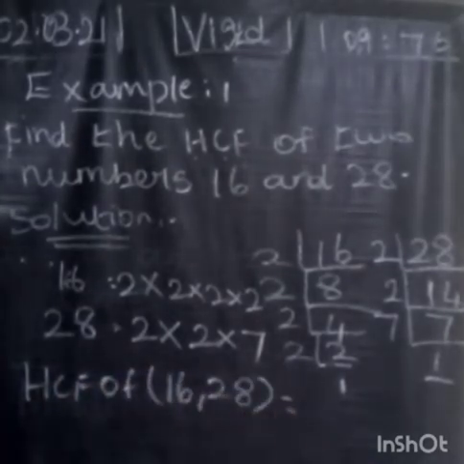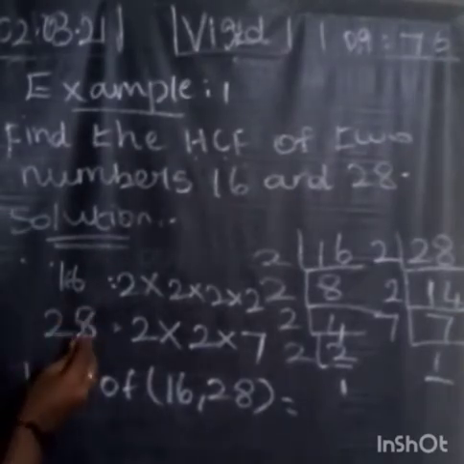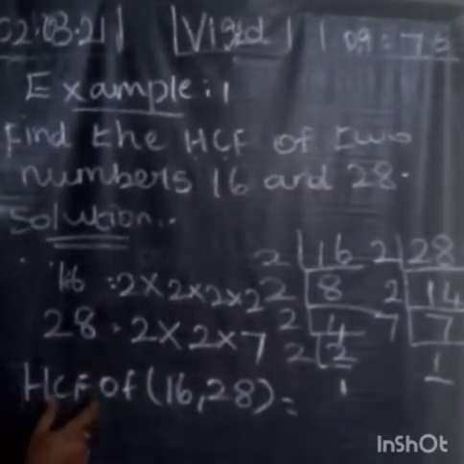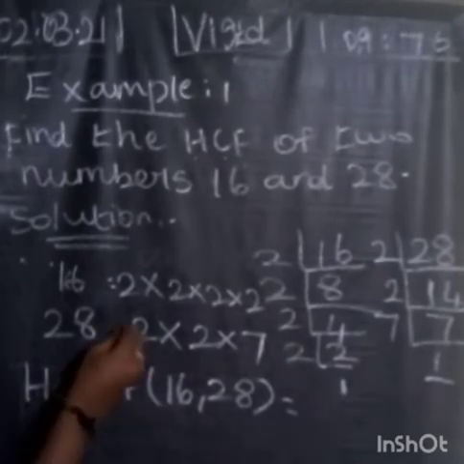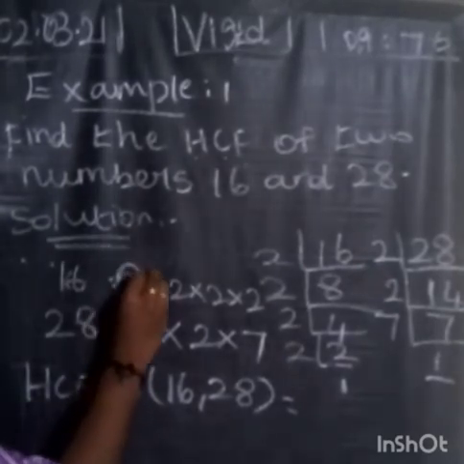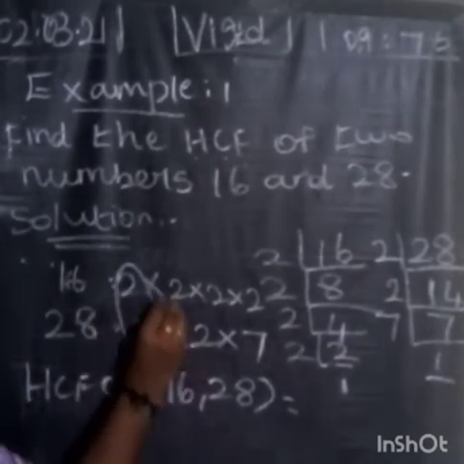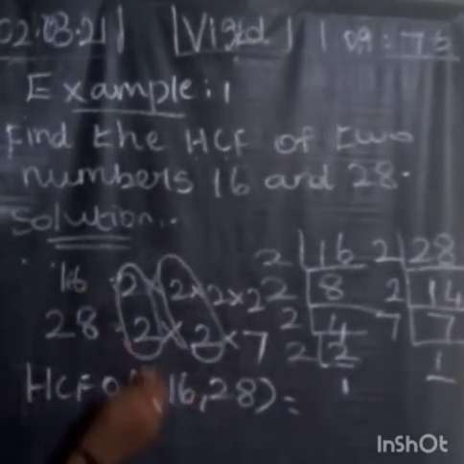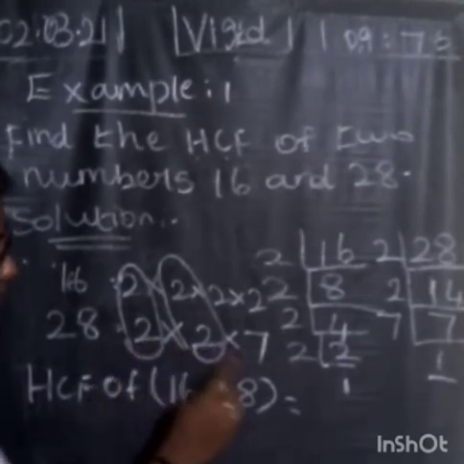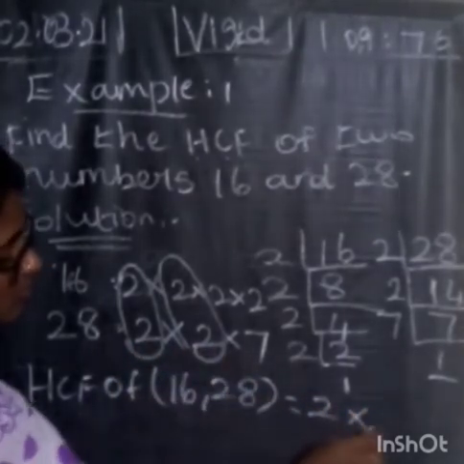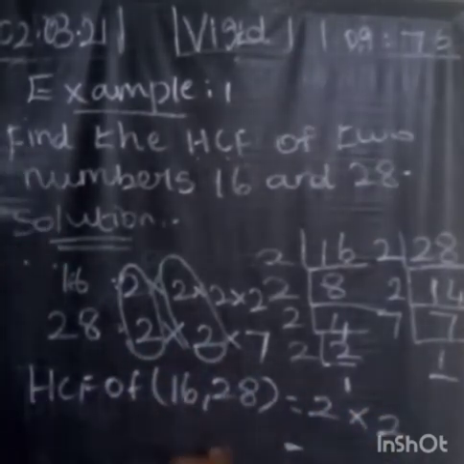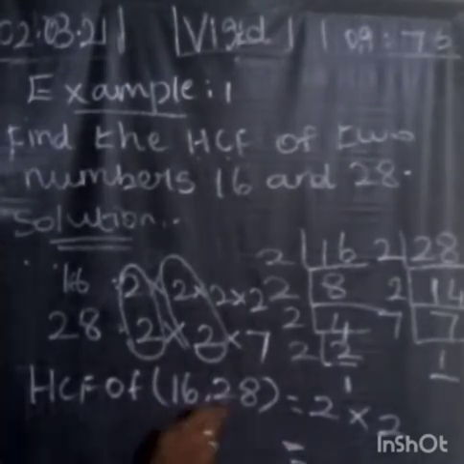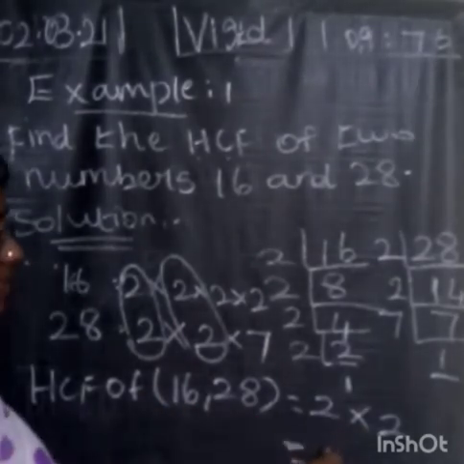The HCF is the highest common factor, so we write only the common factors, 2 and 2. The product of the common factors 2 and 2 gives 4.